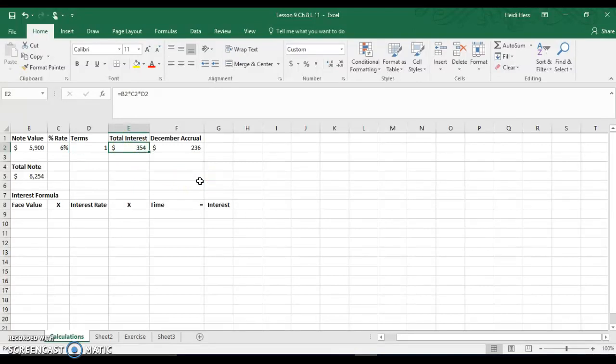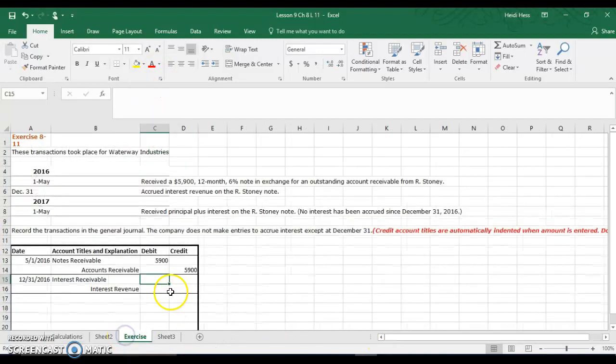But because we're only accruing from May through December of the interest that should have been received, we've got the note value of $5,900 times 6% times 8 of 12 months. And that gives us $236. So we'll put $236 here, and the interest revenue is $236.